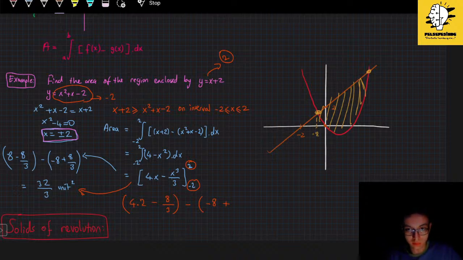And then we have 8 over 3. When we do the necessary calculations, it's going to be plus 8 and minus 8 over 3. It is 16 minus 16 over 3. And then at the end we have 32 over 3.